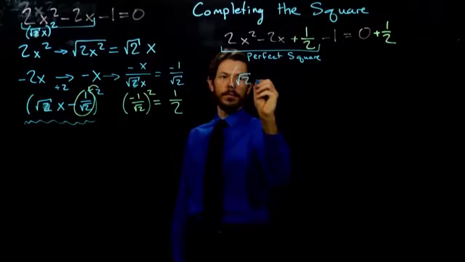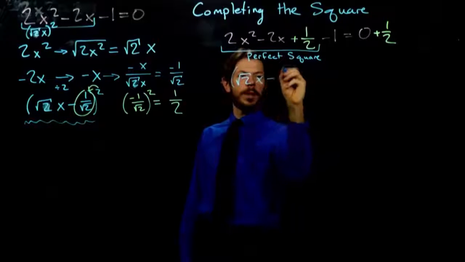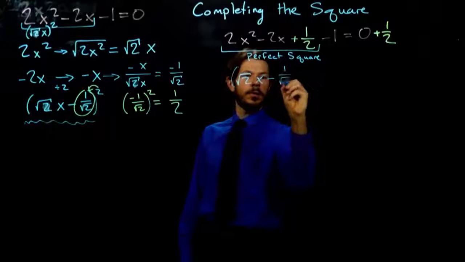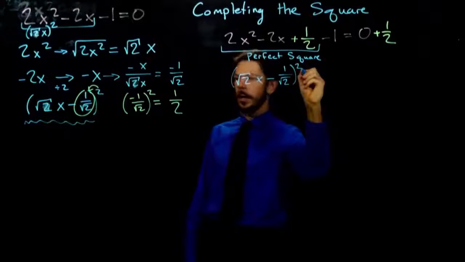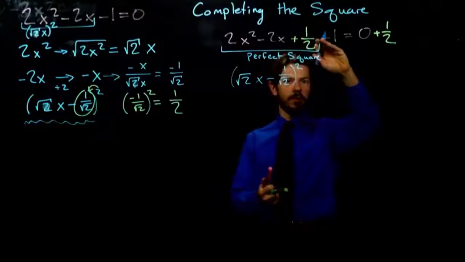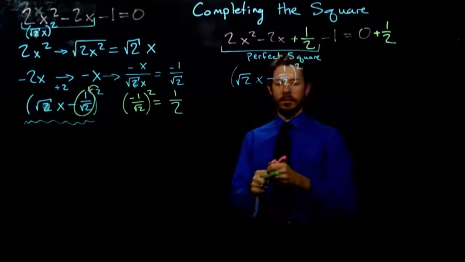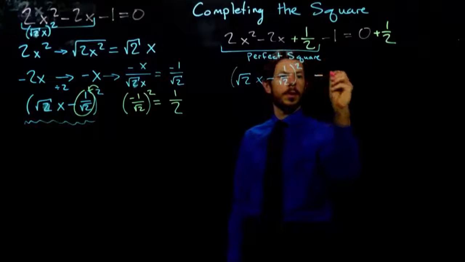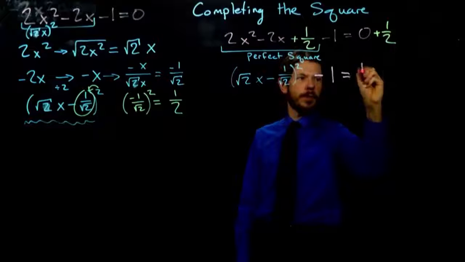Square root of 2, yes, I did it this time, x minus 1 over square root of 2, square it. And again, that replaces these three terms, but that minus 1 is still there. Minus 1 is equal to, this is now 1/2.